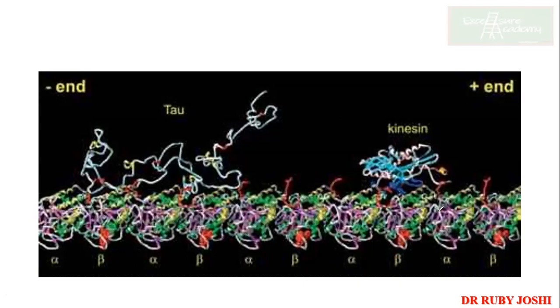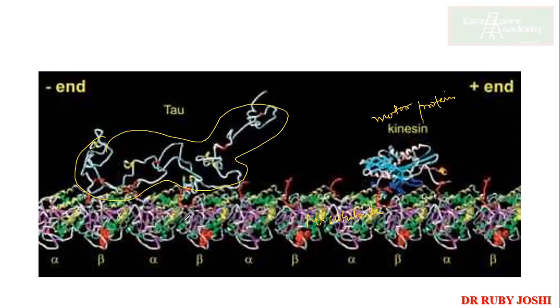So this is your microtubule. Now what is kinesin? Kinesin is your motor protein, correct? And here your tau protein is present. The arrangement of tau protein is that along the entire microtubule, the tau proteins are arranged.